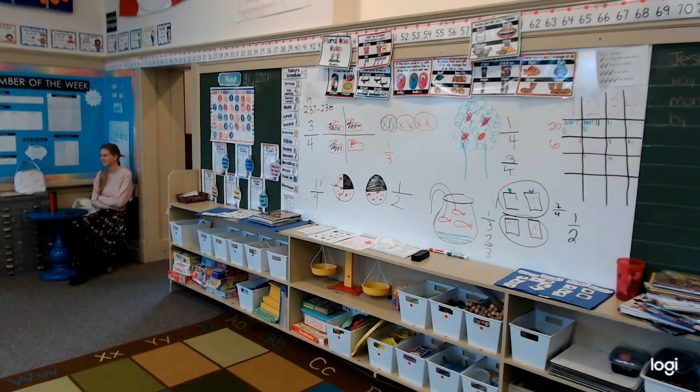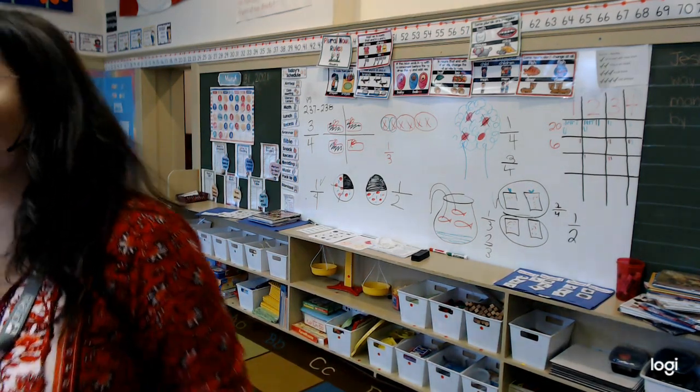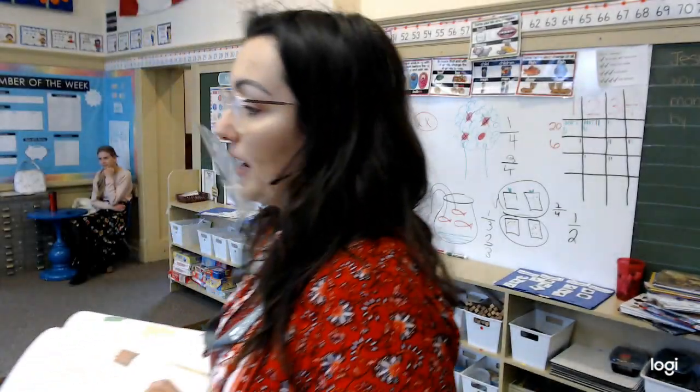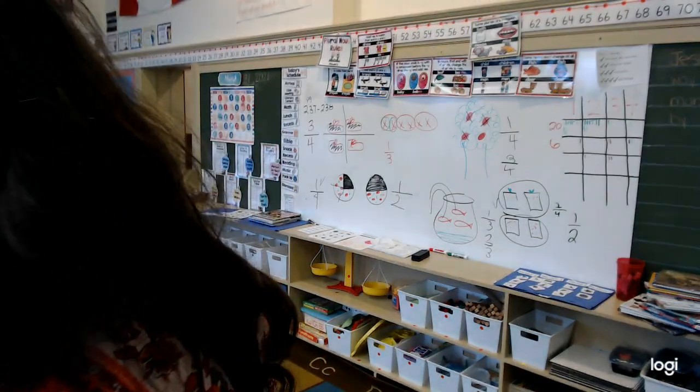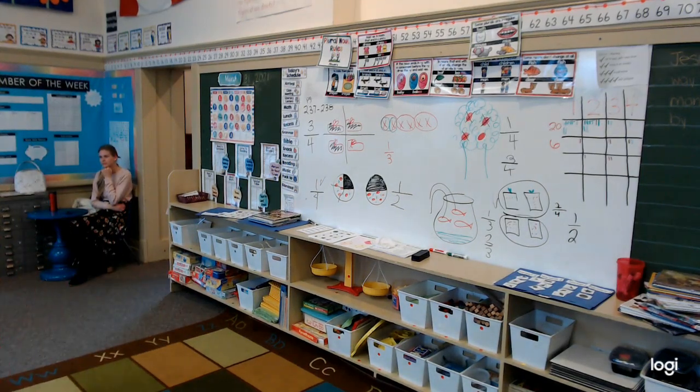So you would be circling 3 carrots to represent the 3/4 that Jill takes out of the ground. So everyone should be circling 3 carrots right now. Are we all following along?